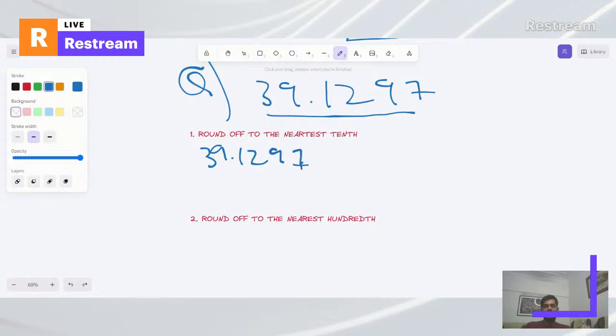The place where we have to mark is the tenth. We look back, and we see that it's 2, so it's less than 5. So what did I tell you? Drop everything else. We're left with 39.1, so this is the correct answer for the first part.